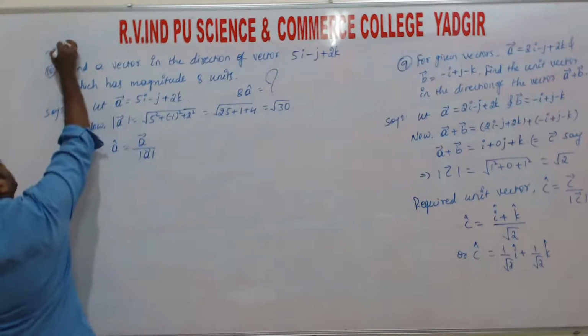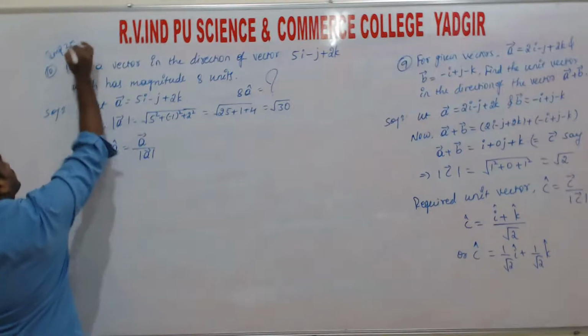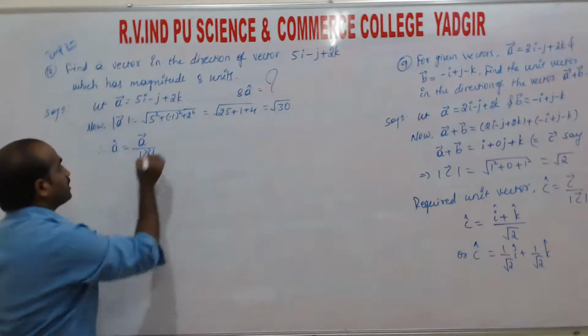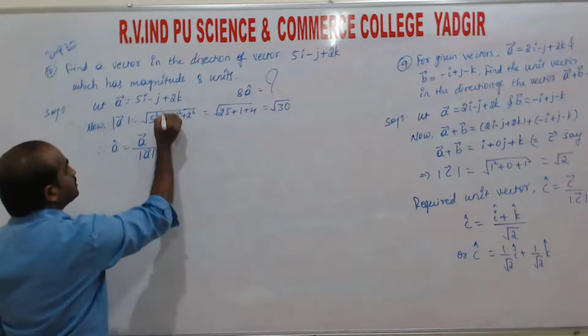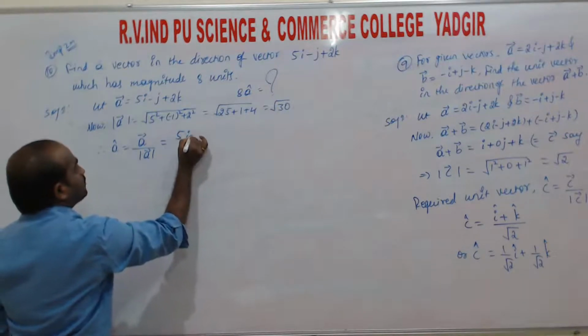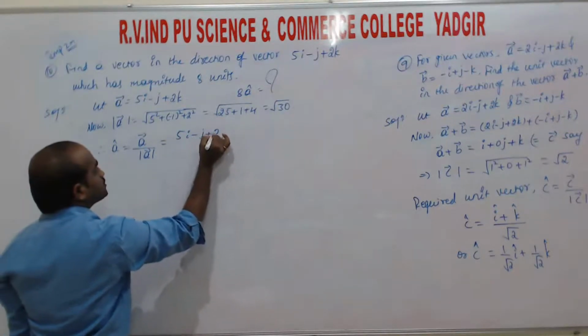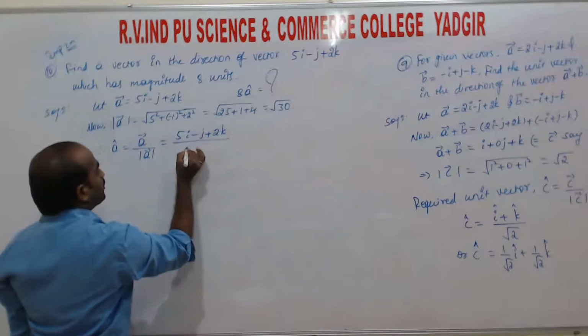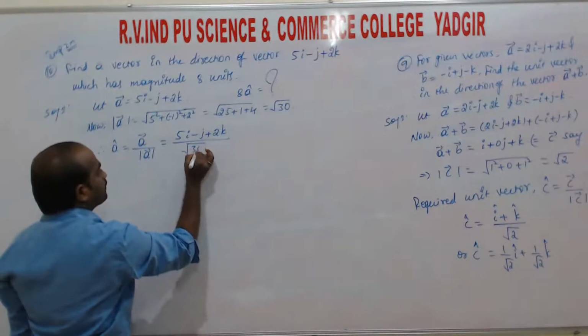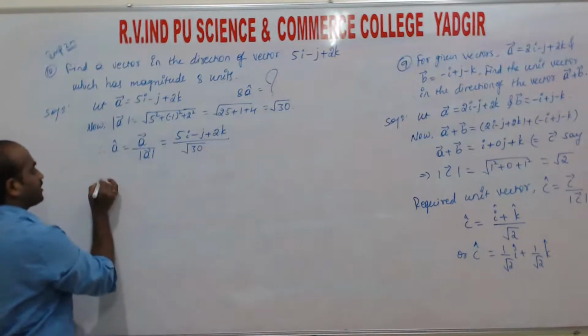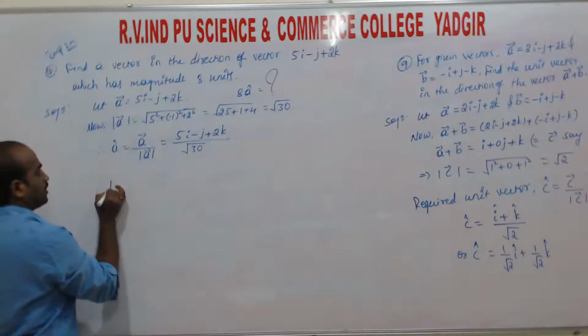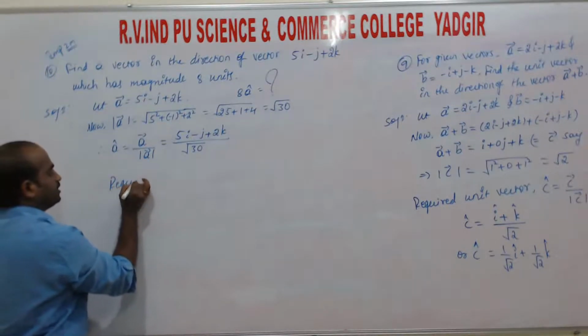Important in 2 marks. A cap is vector 5i minus j plus 2k whole divided by root 30.